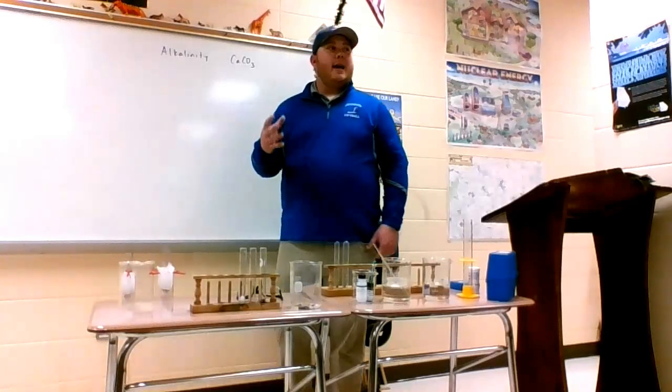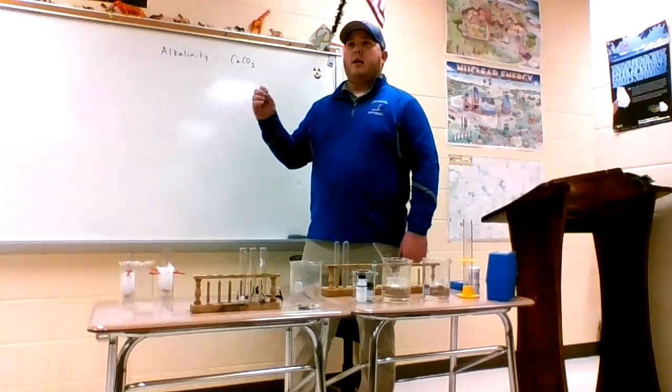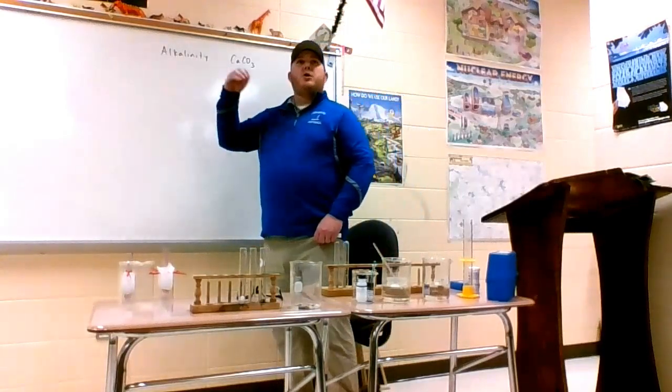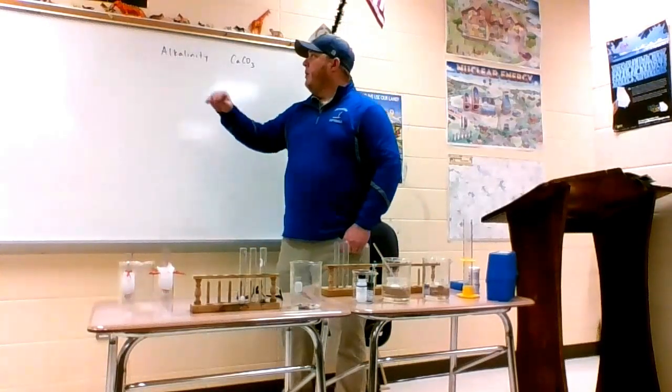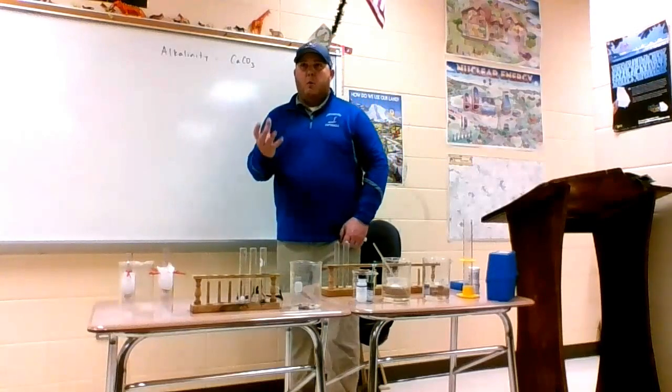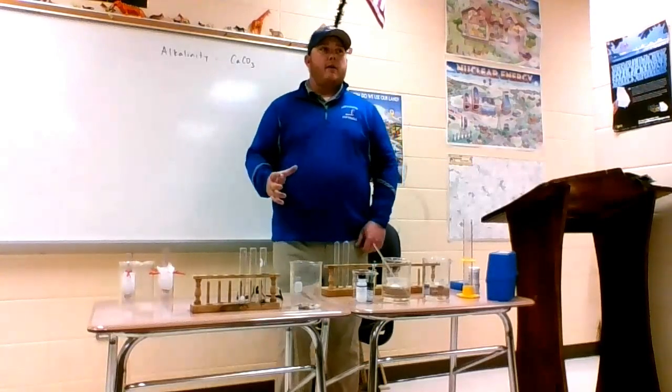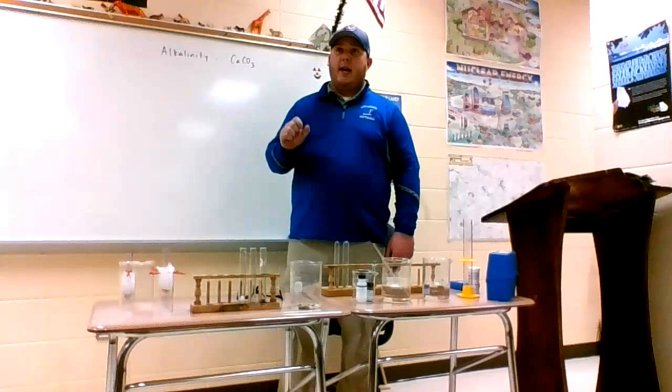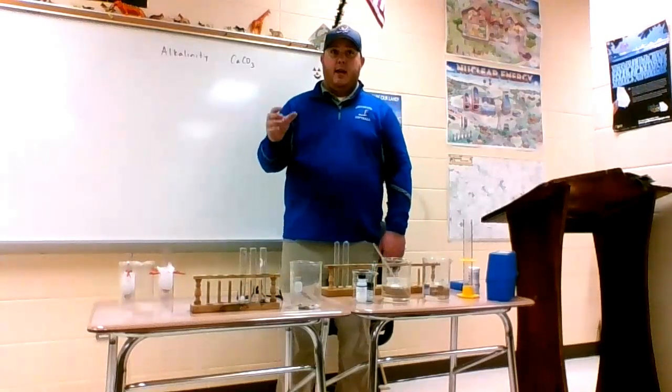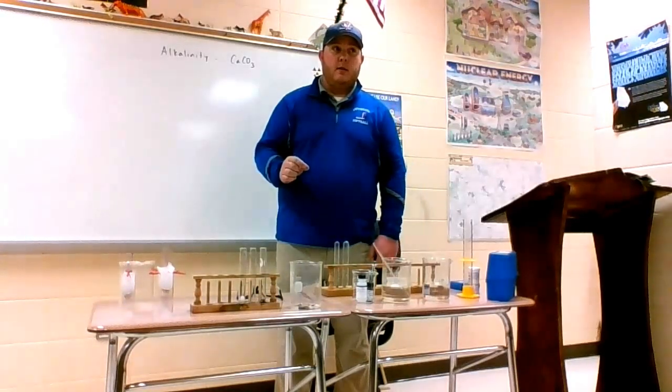If the alkalinity is high, it resists change in the pH from an acid drop. So if there was no alkalinity in my water, water of pH 7, 0 alkalinity, I could add one tiny drop of an acid and it would drop the pH.